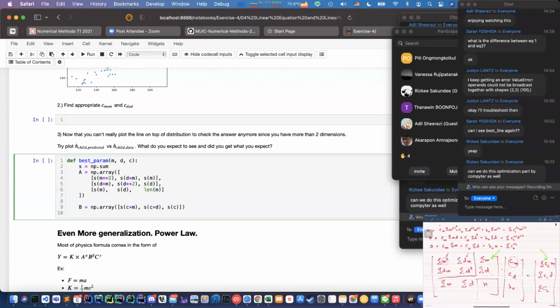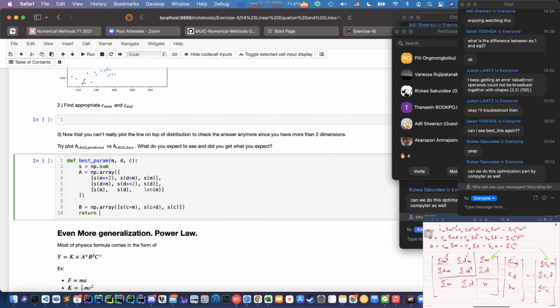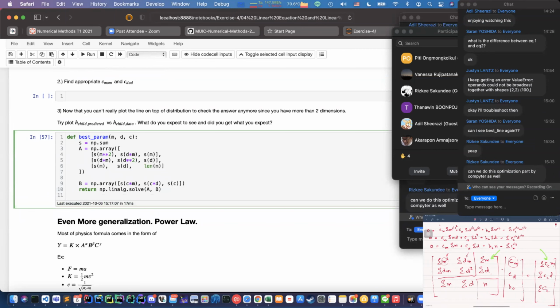If you wonder tonight, go read something called the normal equation. Then you're going to see the general pattern of this. Then you just do this: return np.linalg.solve of A and B. Done. Boom.